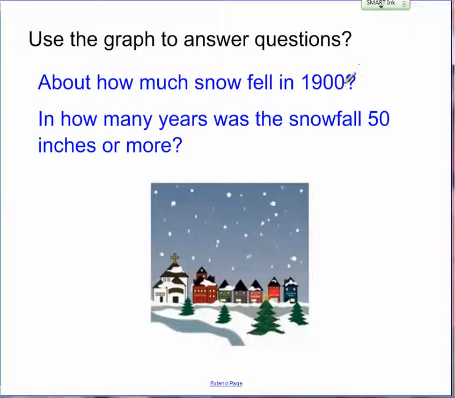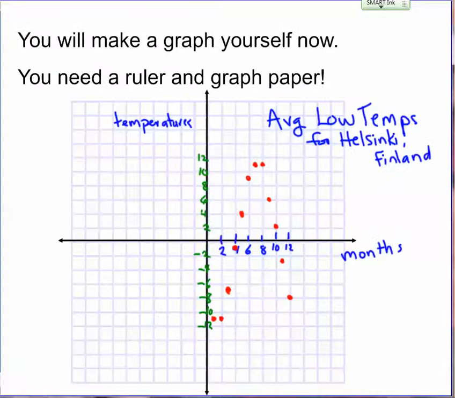I think it was about 21 inches. The question was, in how many years was the snowfall 50 inches or more? I had you put your ruler along the line at 50 inches, and there were 3 dots above it. So in only 3 years out of 118 years did we have snowfall that was 50 inches or more.